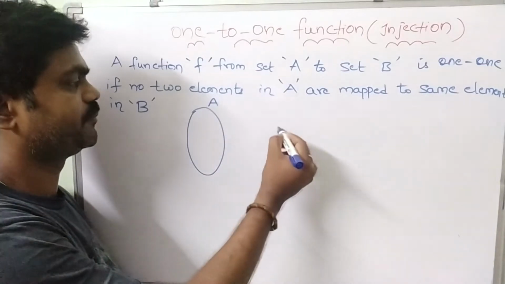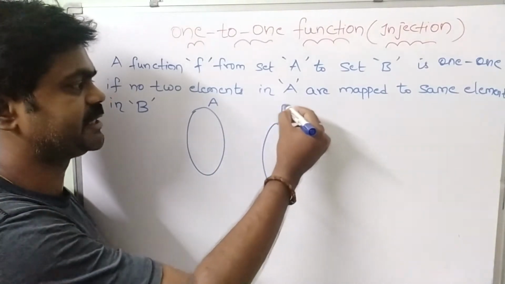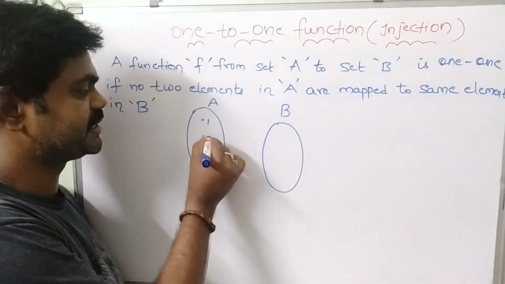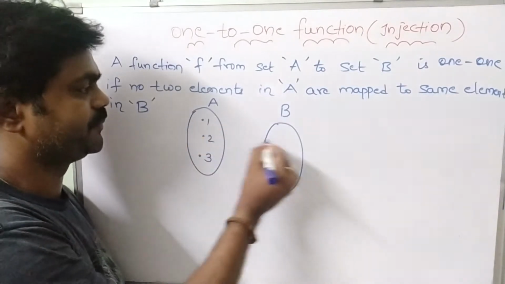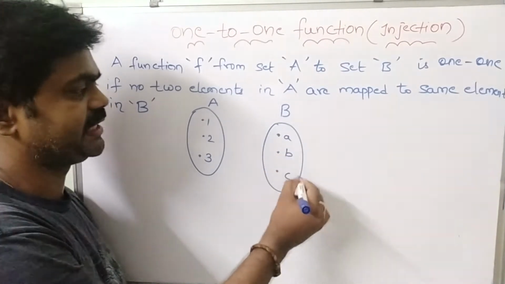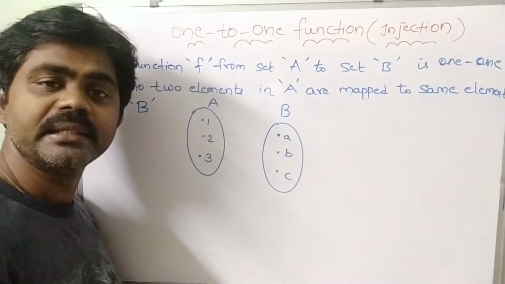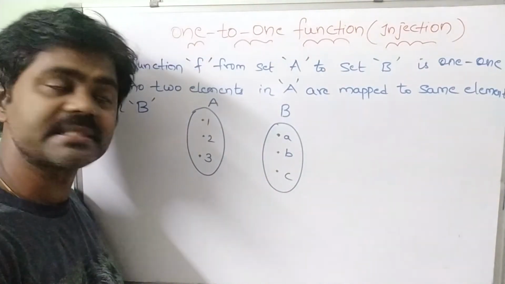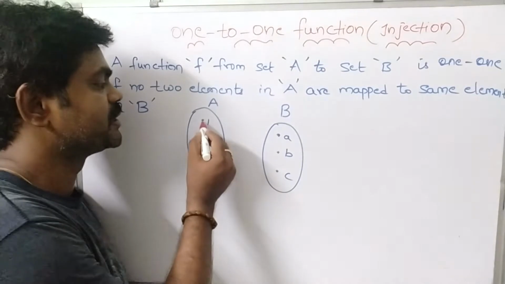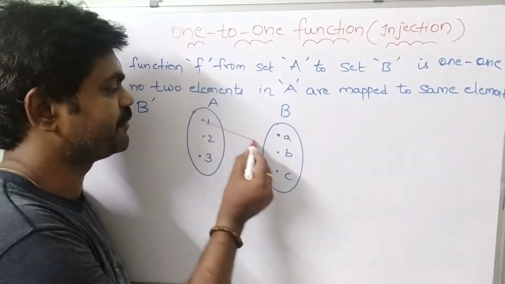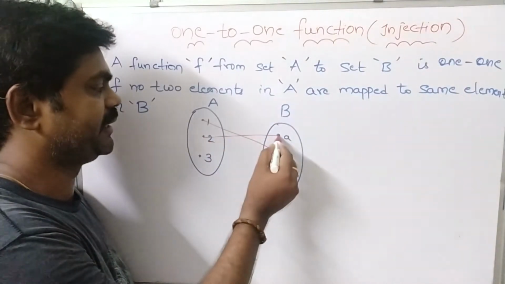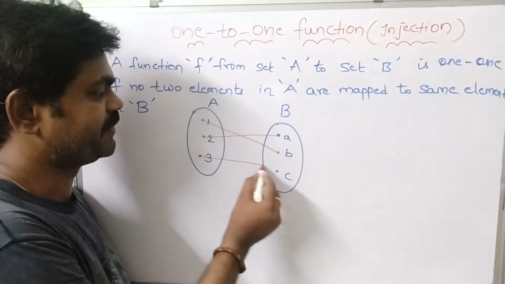So this is A, this is B. This is 1, this is 2, this is 3, this is a, this is b, this is c. No two elements in A are mapped to the same element in B. Let us assume that 1 is mapped with b, 2 is mapped with a and 3 is mapped with c.